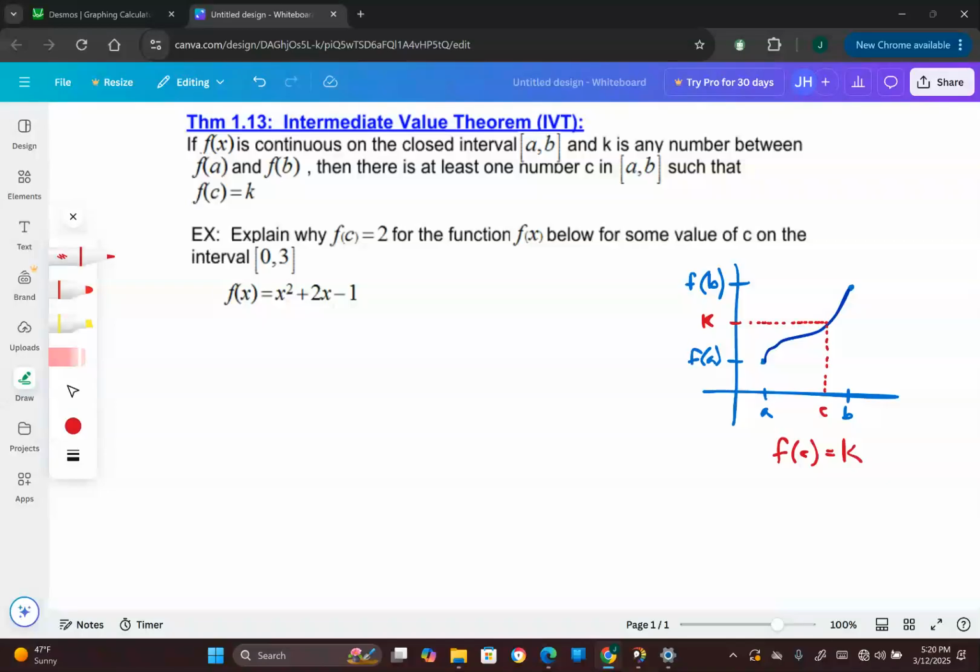In fact, it has to happen at least once. But the key here is that it has to be continuous. And it can be at least one number.